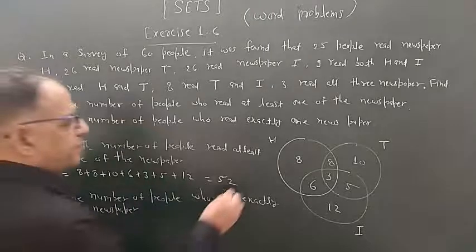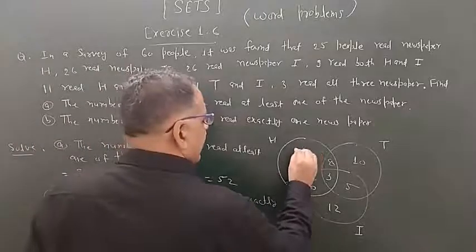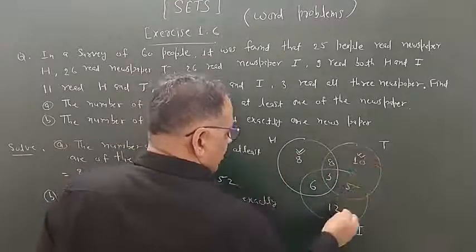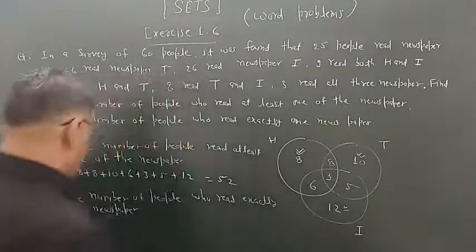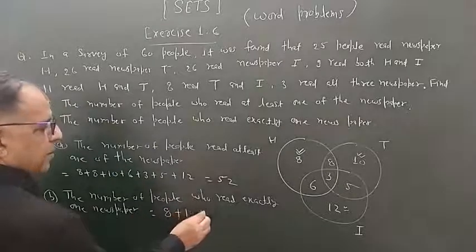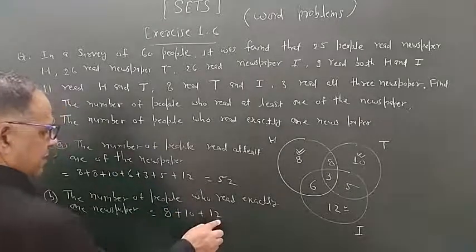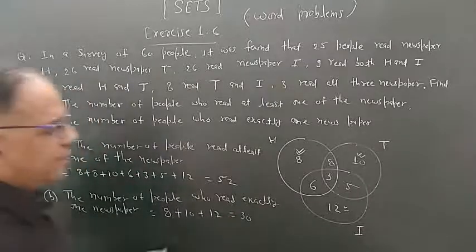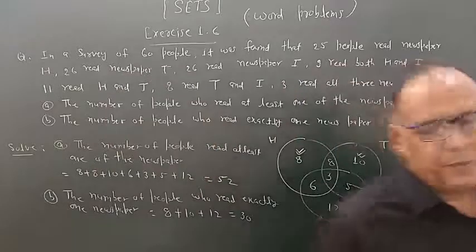Here these are exactly only H, only T, only I. So 8 plus 10 plus 12, that means 18, 30. 30 people read exactly one newspaper.